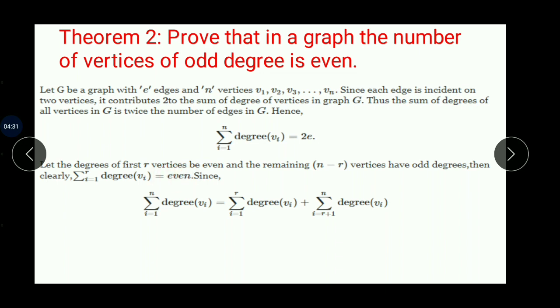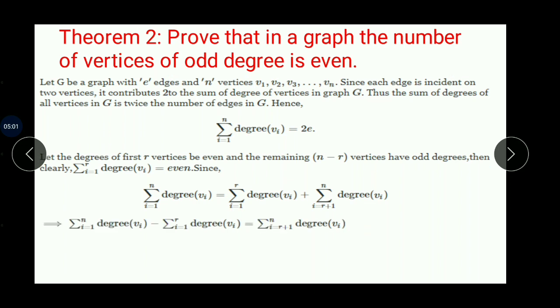We can write the summation of degree of Vi as the sum from 1 to r plus the sum from r plus 1 to n, because I have divided the set of vertices into two parts: the first r with even degree, and the remaining n minus r with odd degree. So I can write this summation in two parts.